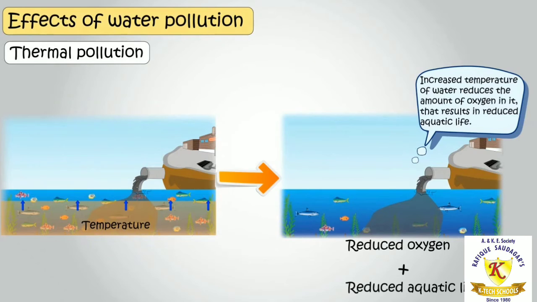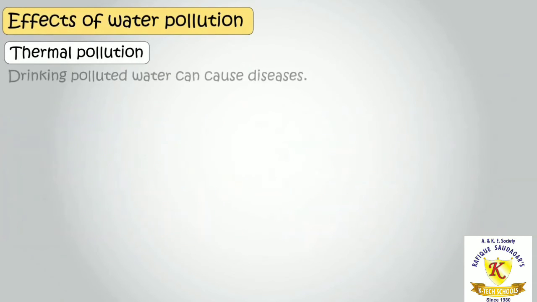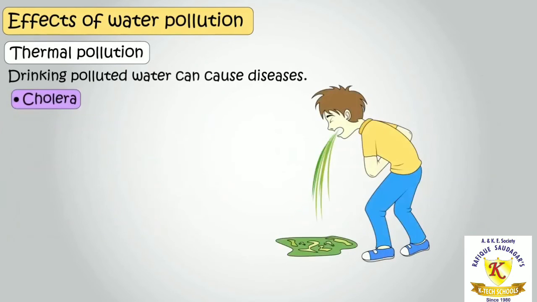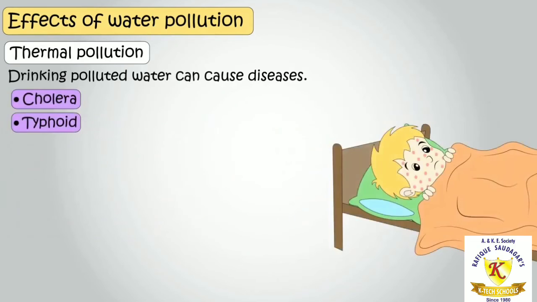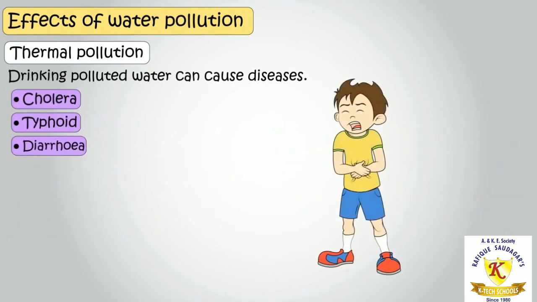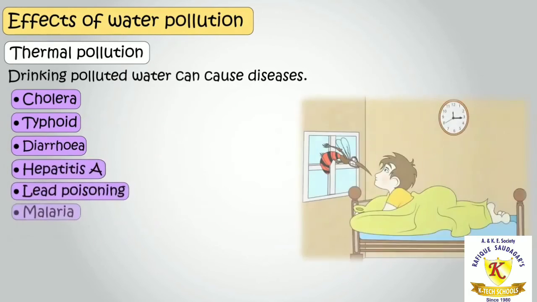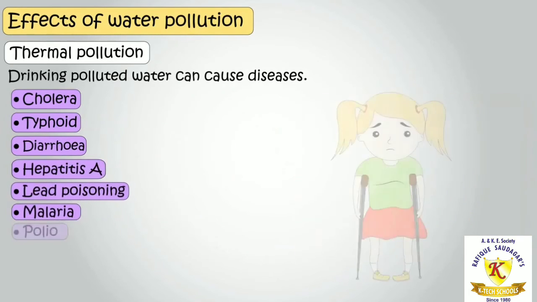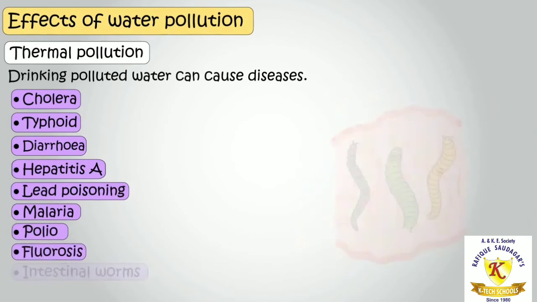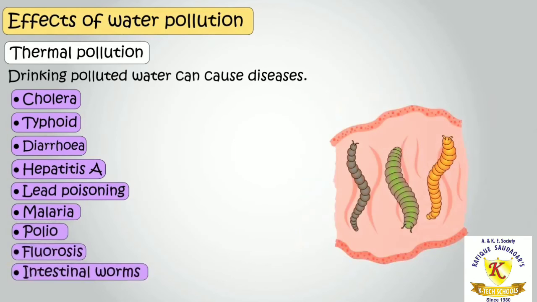Now children, let us study. Drinking polluted water can cause diseases like cholera, typhoid, diarrhea, hepatitis A, lead poisoning, malaria, polio, fluorosis, and intestinal worms also.